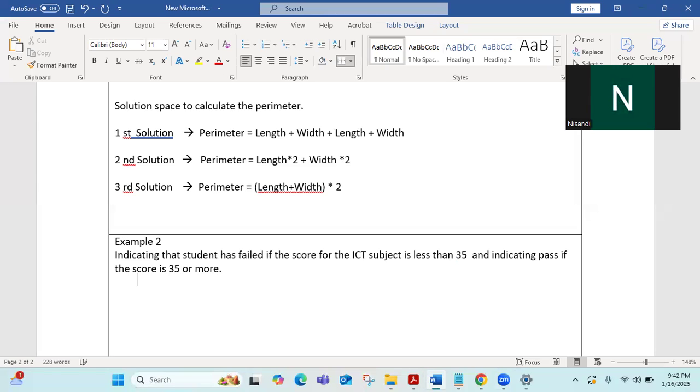You understand the problem? So, indicating that the student has failed if the score of the ICT subject is less than 35.